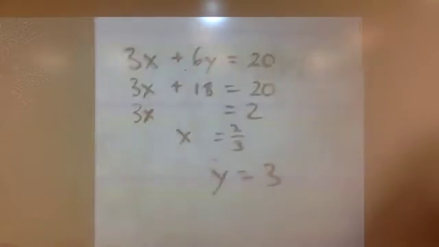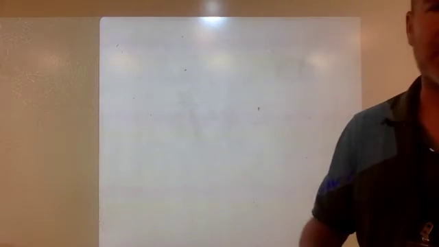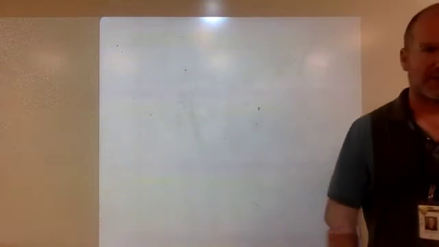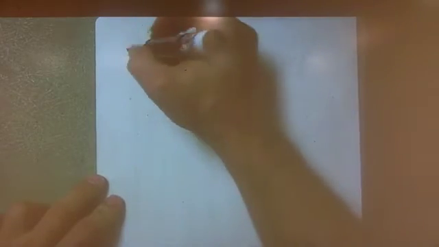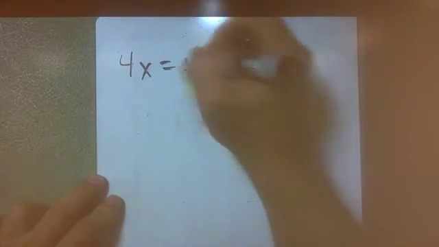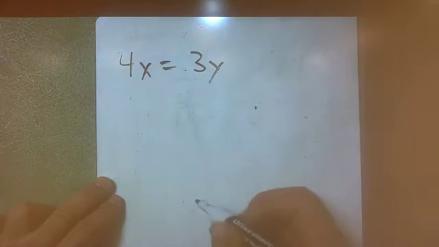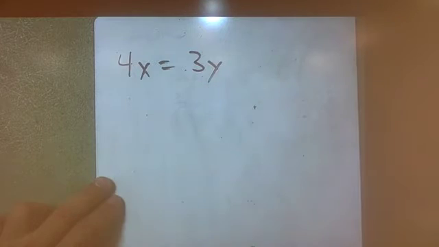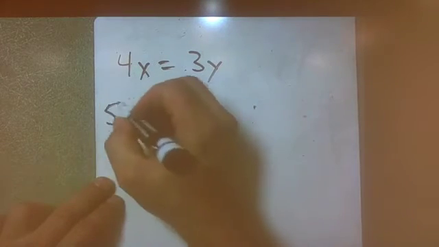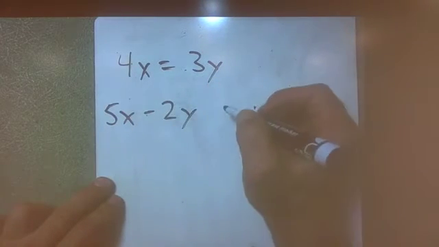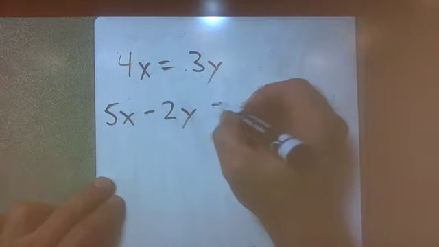All right, that's not really a new lesson. That's just eliminating a variable by either adding or subtracting. Yesterday we subtracted, that was adding. The new lesson is substitution. Let's say you have 4x is equal to 3y as your one equation, and your other equation you have 5x minus 2y is equal to 7.